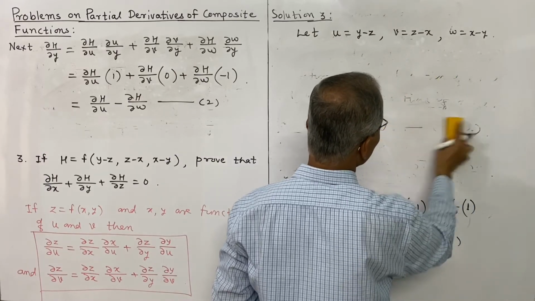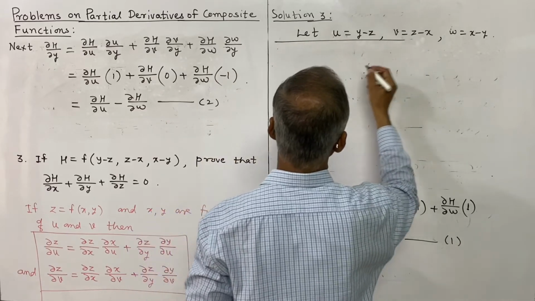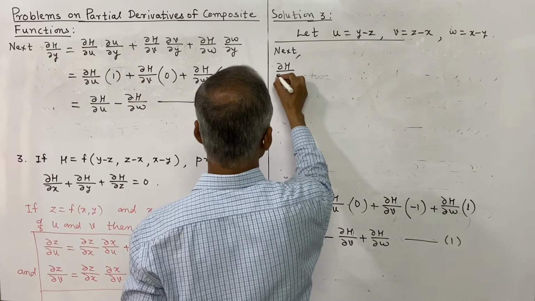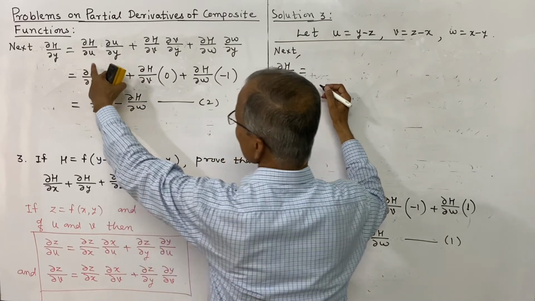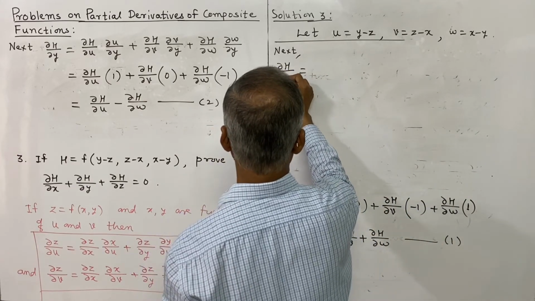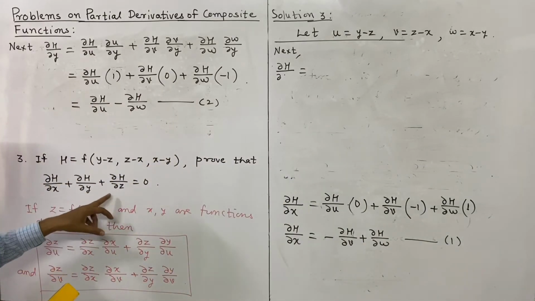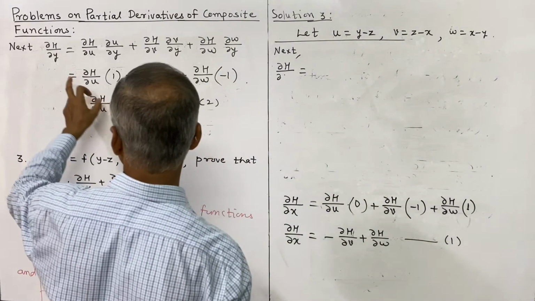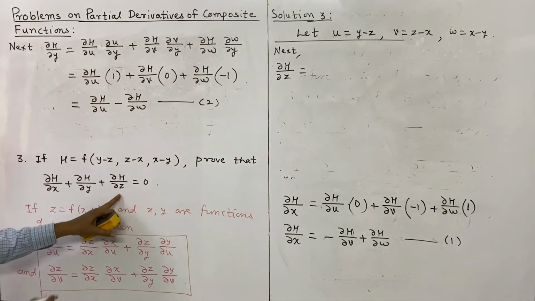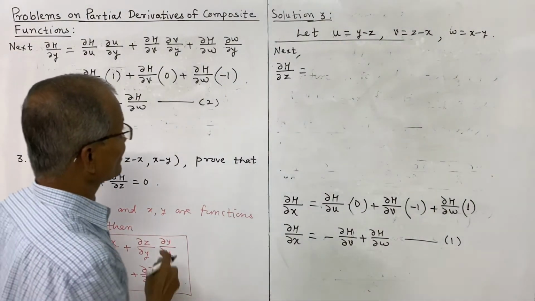Further, the partial derivative of h with respect to z. We are finding it with respect to x, y, z. With respect to x and with respect to y we have obtained. Now with respect to z, the third term. What we have obtained is the partial derivative of h with respect to y, and we have supposed it as second.